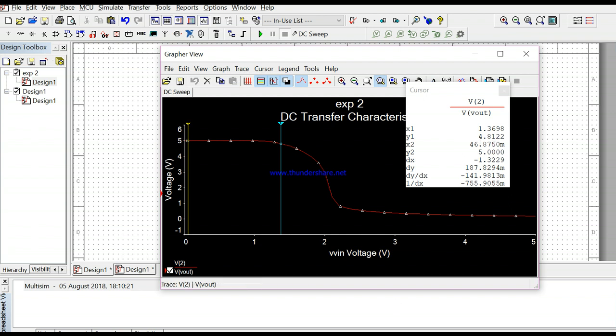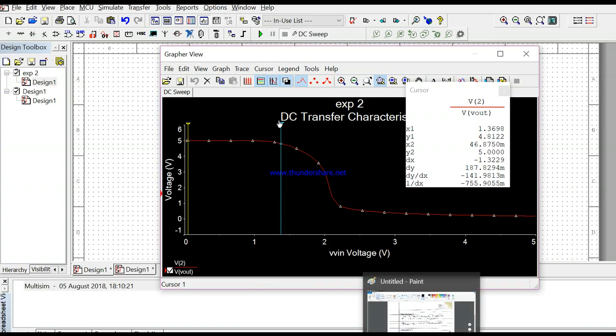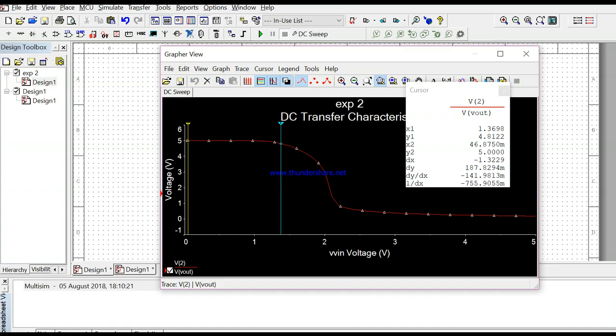Okay. Now similarly, when my input is 2.42 volt, output is 0.66 volt. Getting it?